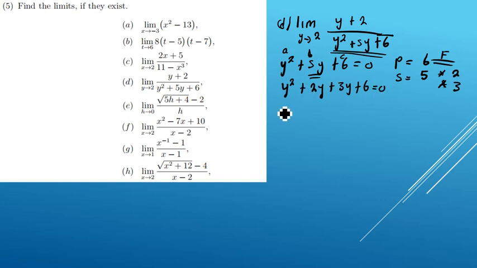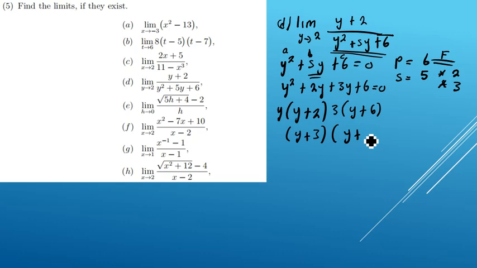If we factorize this, we're going to get y times (y plus 2), then 3 times (y plus 2). So we have (y plus 3) and (y plus 2).